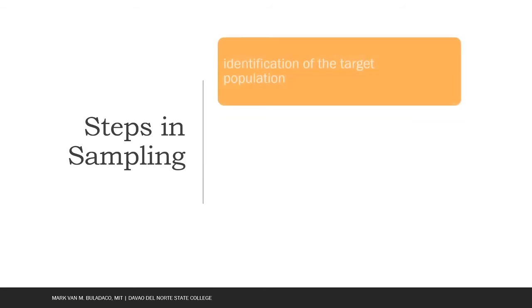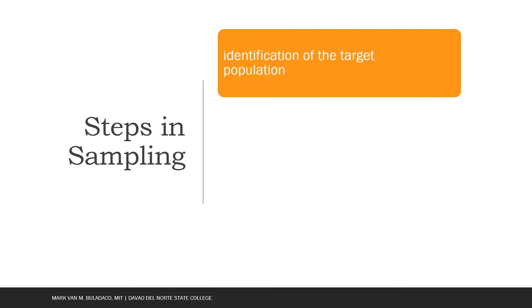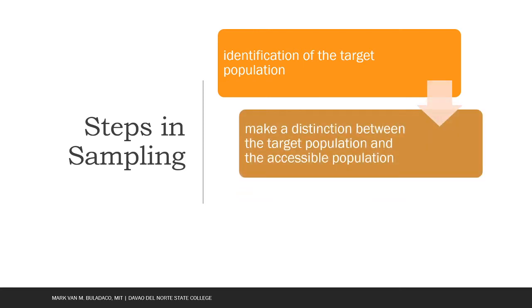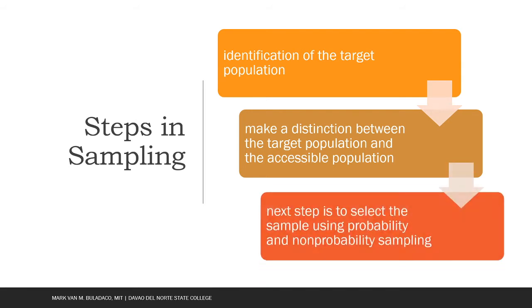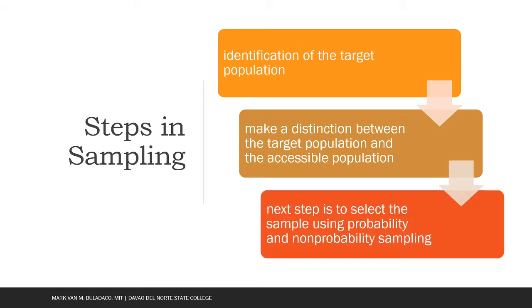So there are steps in sampling. First, you need to identify the target population. Second, you need to make a distinction between the target population and the population that is accessible to the researcher. Third is to select the sample using two techniques.